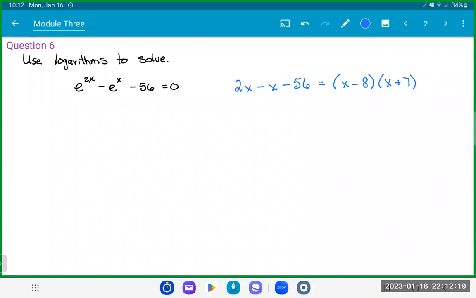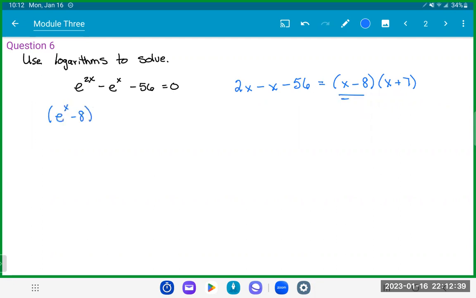So we can use that bit of information to help us factor the given problem by using the FOIL method. So that would allow us to then factor this equation here, that's e to the x minus 8.